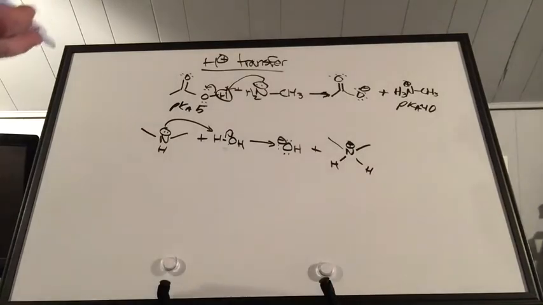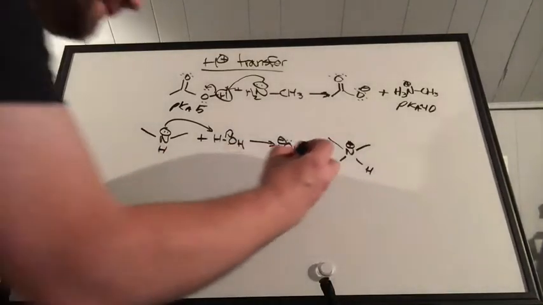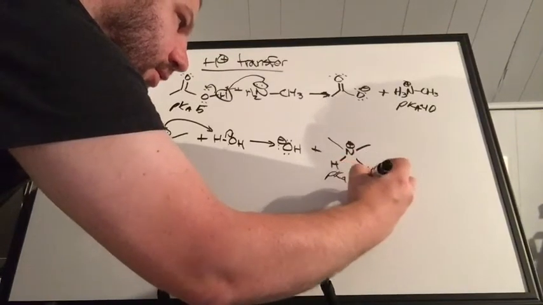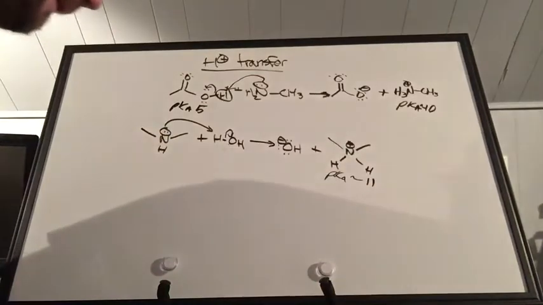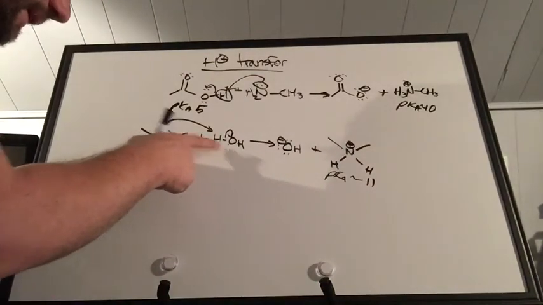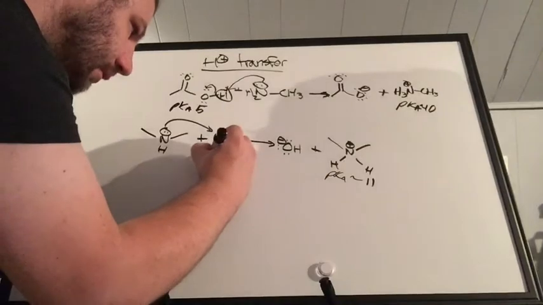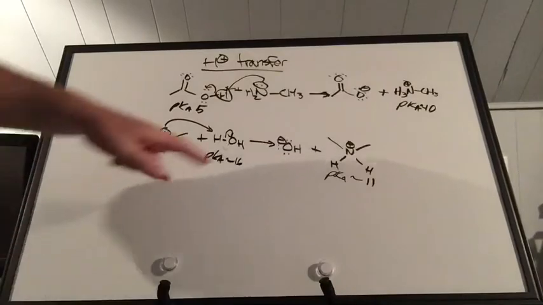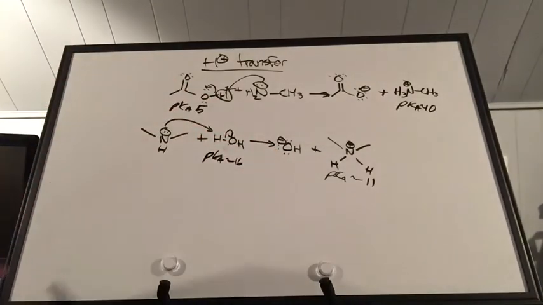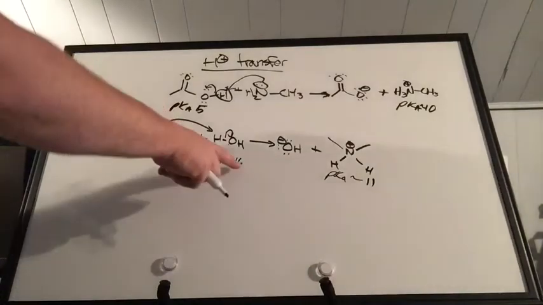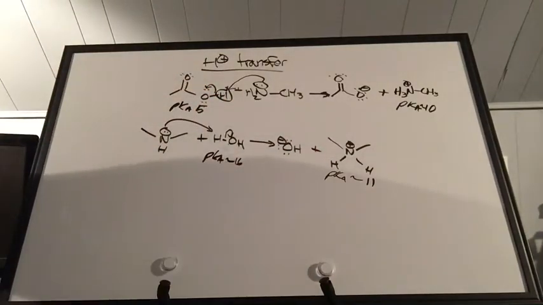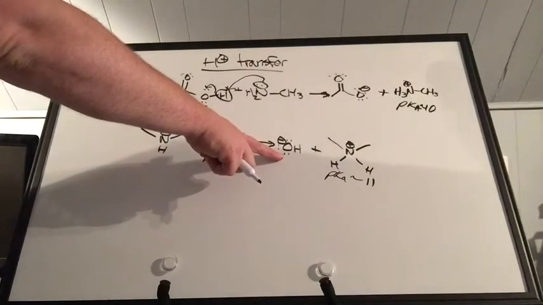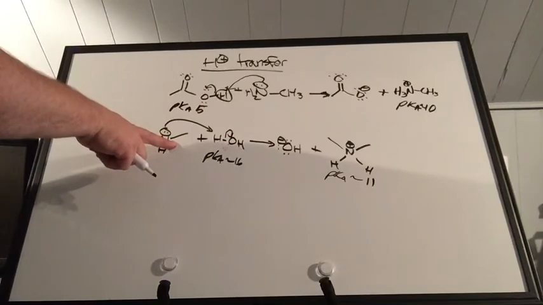Now, if we want to think of pKa's, this is going to be around 11, and then the pKa of this is going to be around 16. So the difference here is 5 pKa units. What does that mean? That means that OH is a stronger base than dimethylamine.